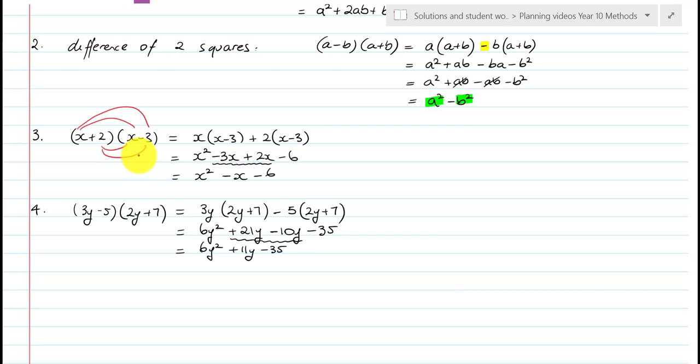And there's some other methods floating around there. But you have to be a little bit aware that those methods do break down once you get beyond binomials. So it's really good to understand this law here, the distributive law. That will always work. So if you can start building that understanding, you'll find as you move forward onto, say, cubes or trinomials, you'll be able to apply that understanding to more complex questions.